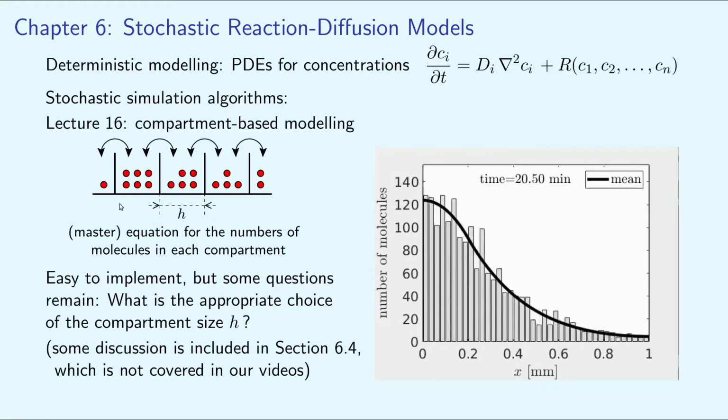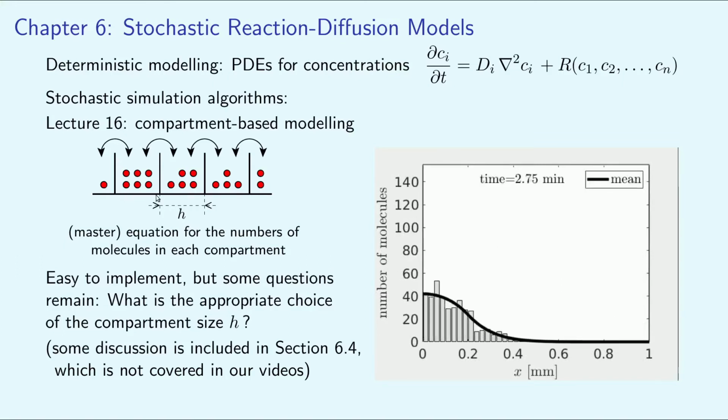You can intuitively understand this problem when you look at this schematic. There are 18 red molecules in 5 compartments. If I use a smaller compartment size, say H is 10 times smaller, then I will have 50 compartments.